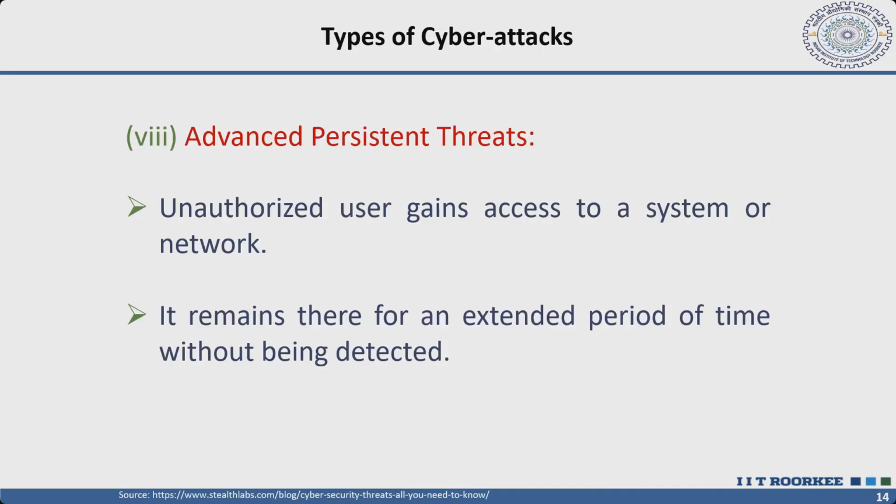The next type of attack is known as the advanced persistent threat type of attack. Here also an unauthorized person, whom we can call the attacker, tries to get access to the system. Assume a source and destination are trying to send information, and the attacker gets involved.